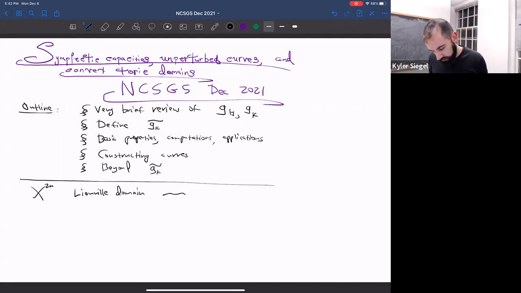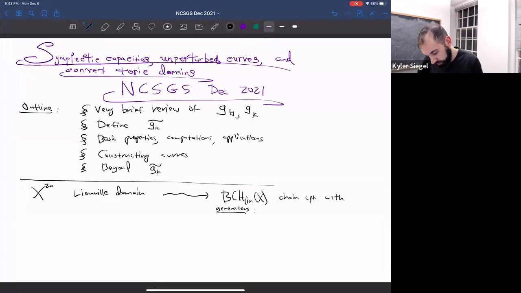And then to X, you're supposed to be able to associate some chain complex, which I'll denote by BCH_n of X. So this is a chain complex where the generators are given by words of Reeb orbits in the boundary of X. So these are unordered words.